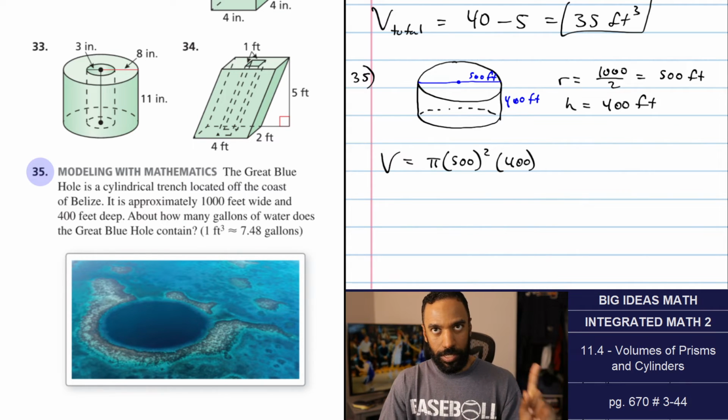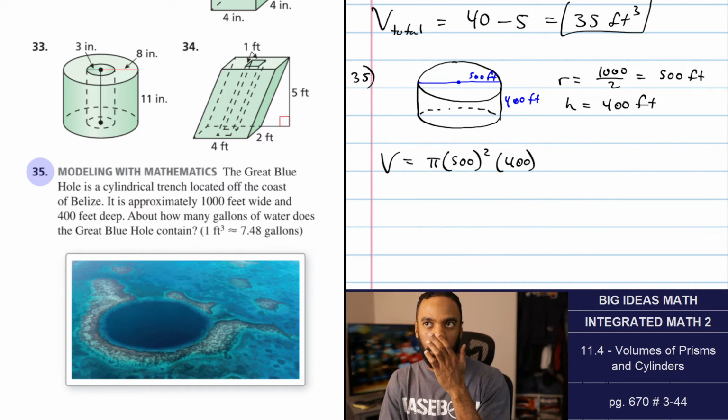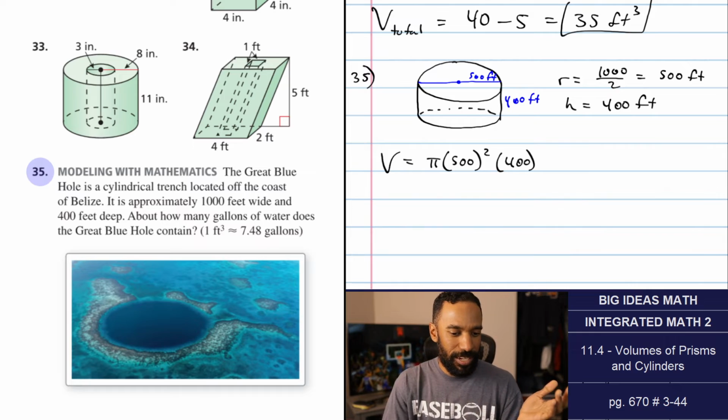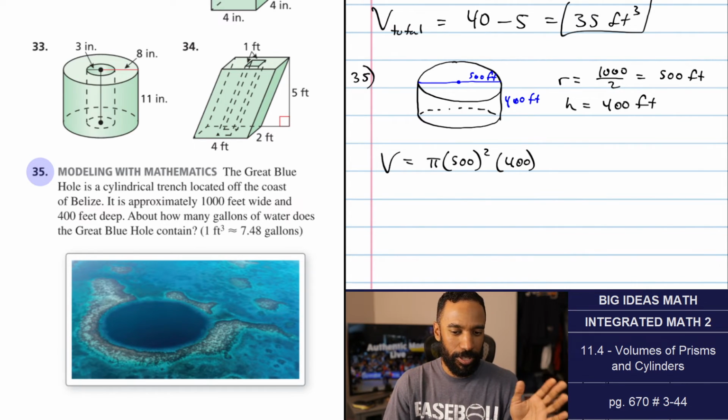I'm going to do the exact before I do any rounding, because I'm also going to multiply by 7.48. So 500 squared times 400.